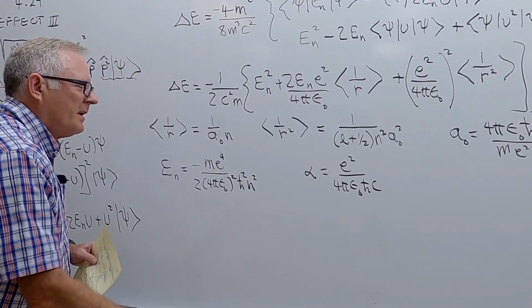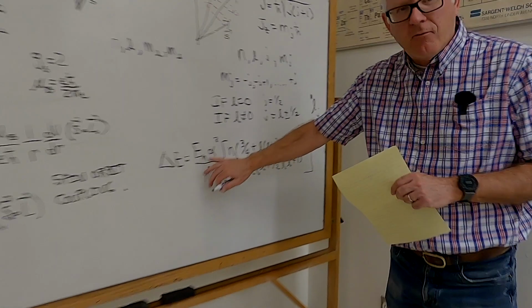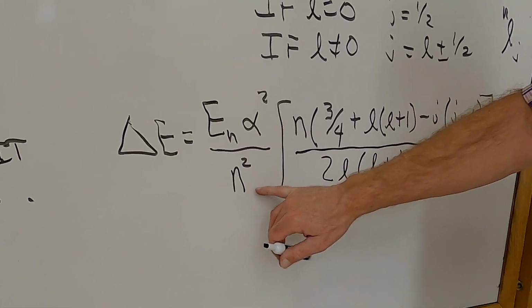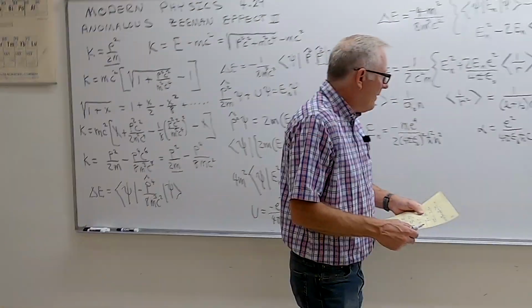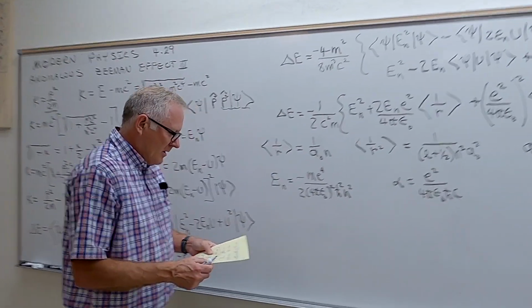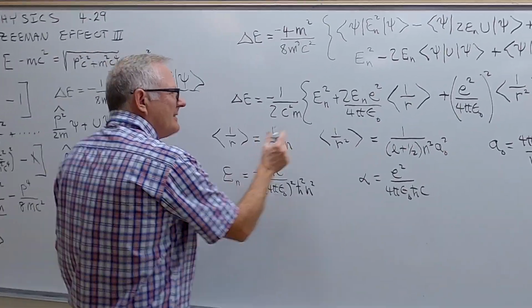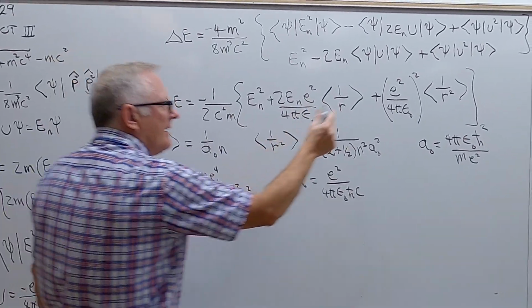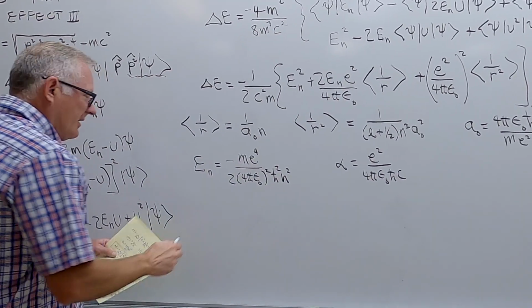The reason why I want the alpha is because I want to get this energy shift in the same format with an E sub n alpha squared over n squared out in front. That way I can add them up a little bit easier right here. So if we plug this into here and plug that into there, then we can get the change in energy right here.